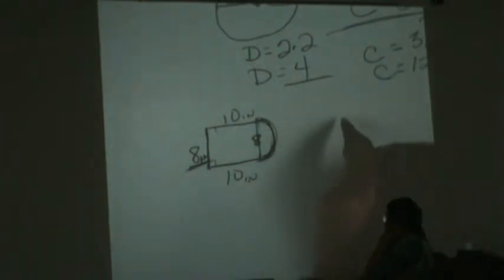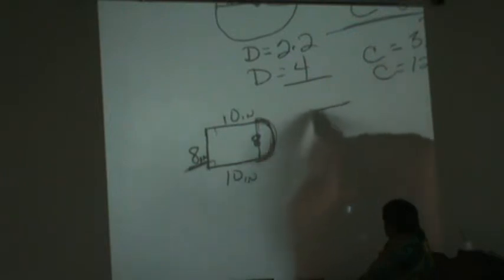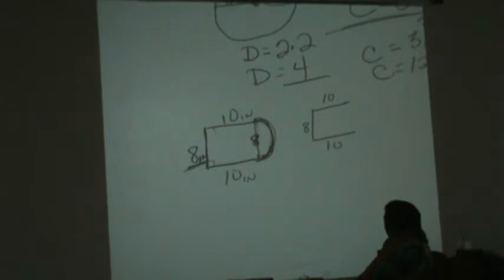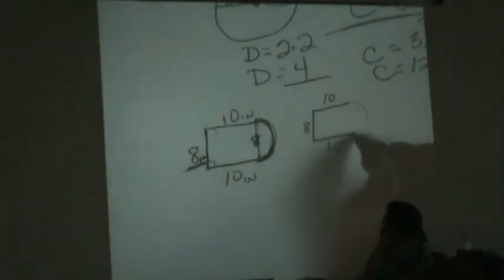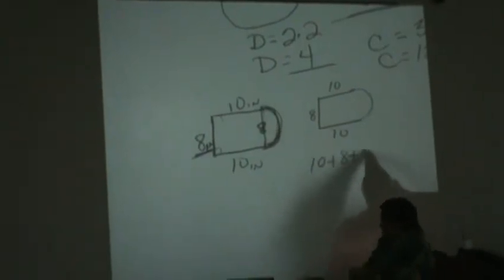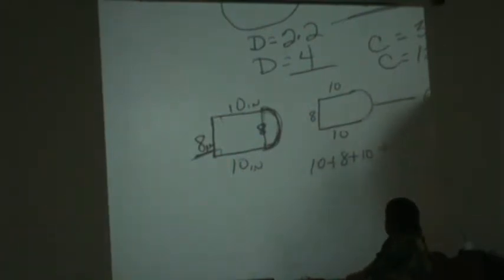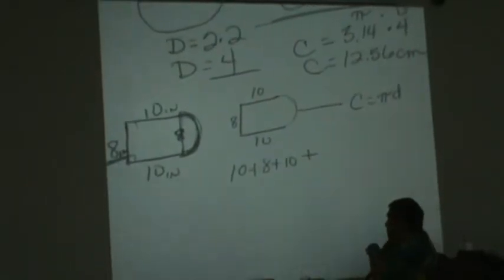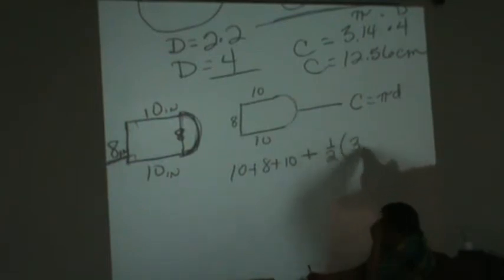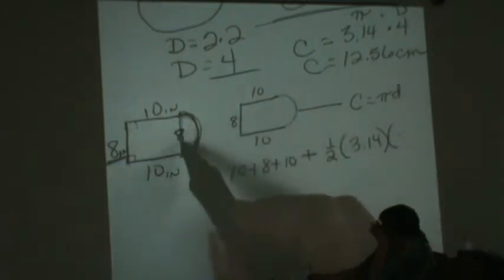So we need to add 10 plus 8 plus 10, plus we need the distance to go around half a circle. So we have 10 plus 8 plus 10 plus the whole circumference was pi times diameter, right? Yep. Okay, so let's do half of that. Let's do half of pi, and what was the diameter? 8, right?